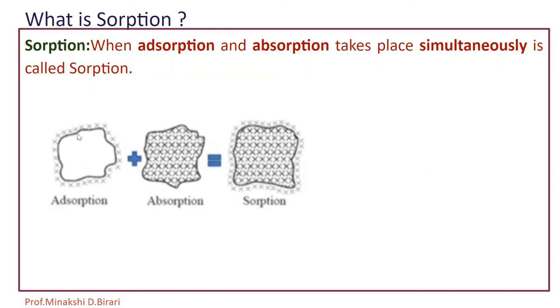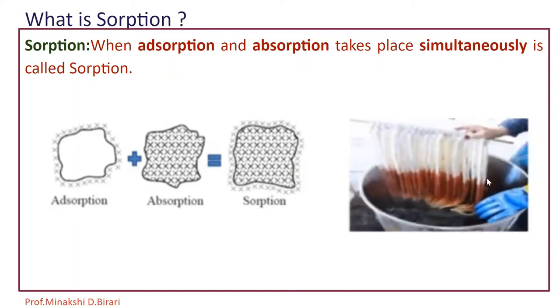In adsorption, the substance remains only at the surface. So here is an example related to sorption. In this you can observe both adsorption and absorption taking place simultaneously, so it is called sorption.